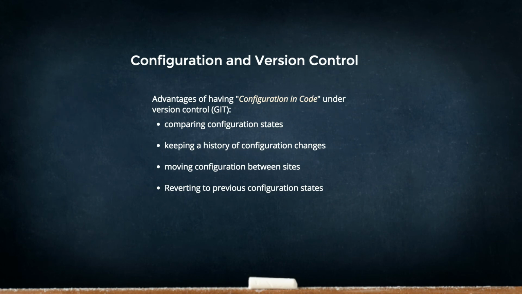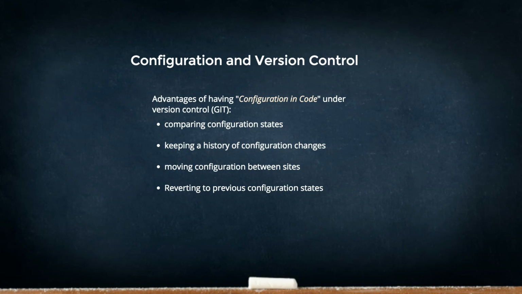What are the advantages of having configuration in code? That means a version control such as Git. It can be any other one of your preference, but in this case we are going to be talking about Git. Those four alone are a really big advantage.